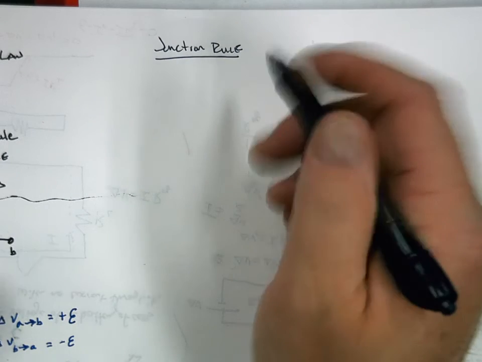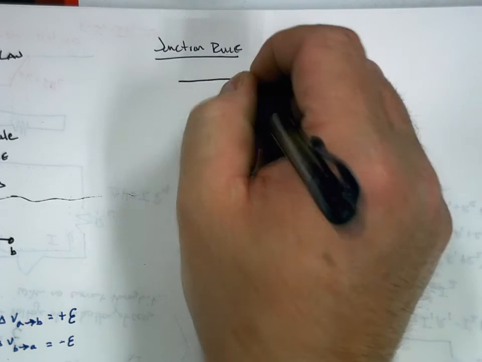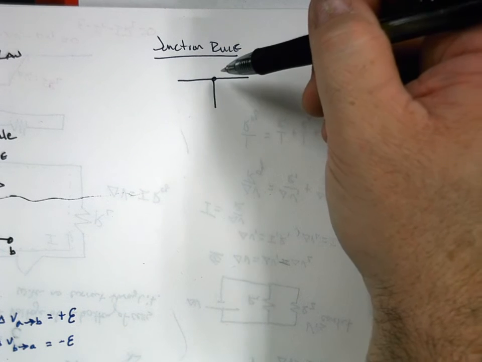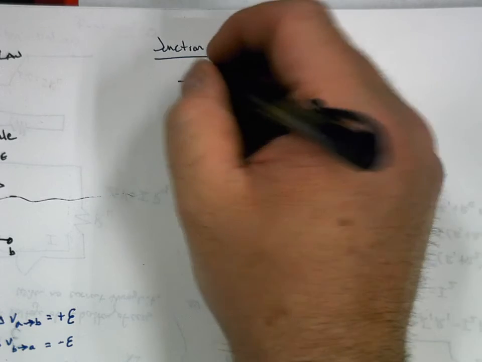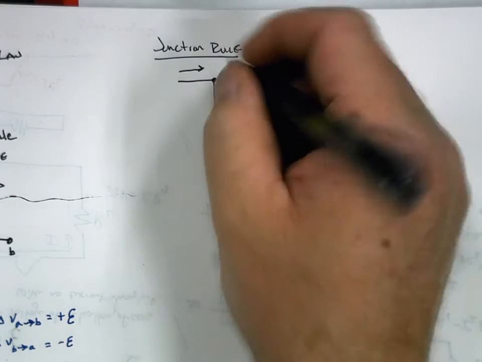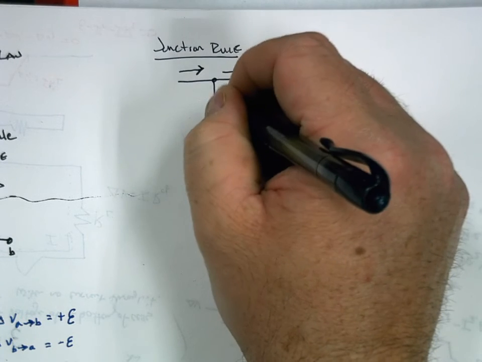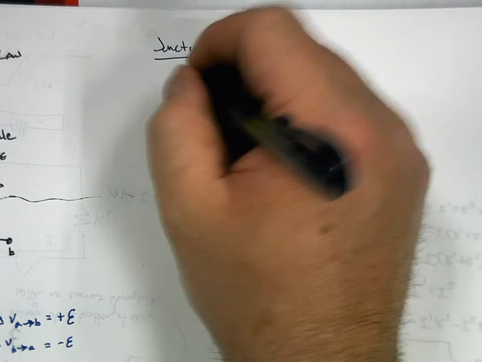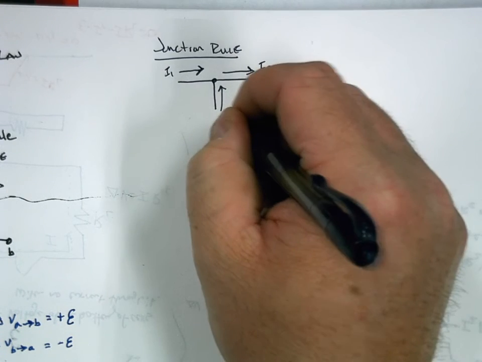Okay. So the junction rule is this. Here is a junction. This is where wires connect, or two conductors connect. If you have a current that goes like this, we'll call this I1, I2, and I3.